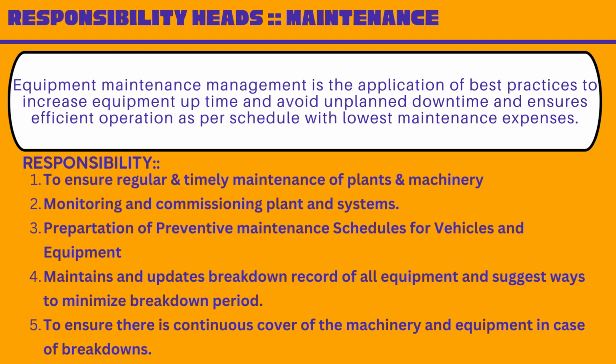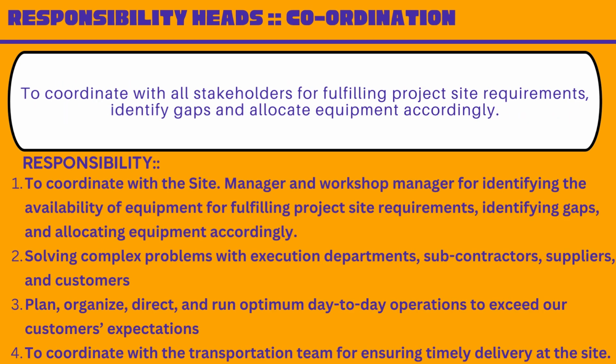Monitor and commission plant and systems. Prepare preventive maintenance schedules for vehicles and equipment. Maintain and update breakdown records of all equipment and suggest ways to minimize breakdown periods. Ensure there is continuous cover of the machinery and equipment in case of breakdowns.